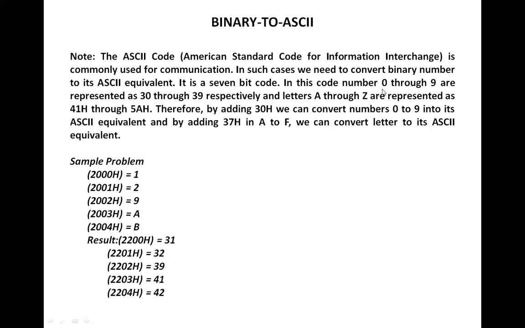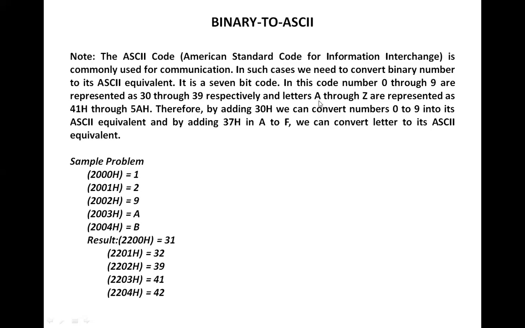So if it is from 0 to 9, it is a very simple way to convert it into the ASCII by adding 30. And if there are English alphabets from A to Z in capital letters, then we can obtain A to Z by adding 37 in that.